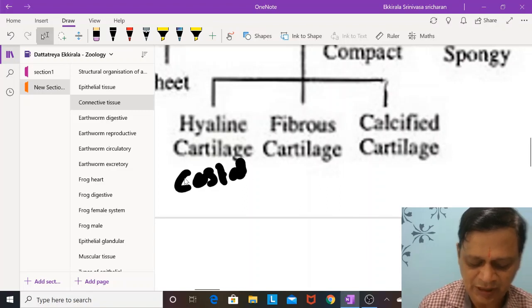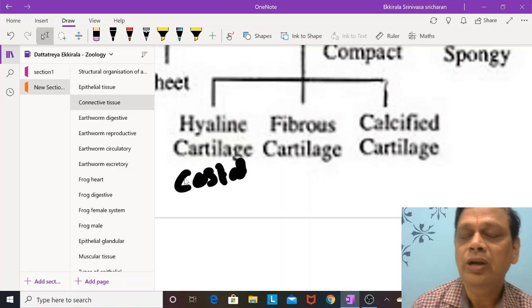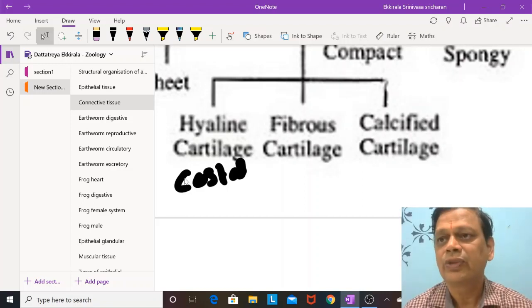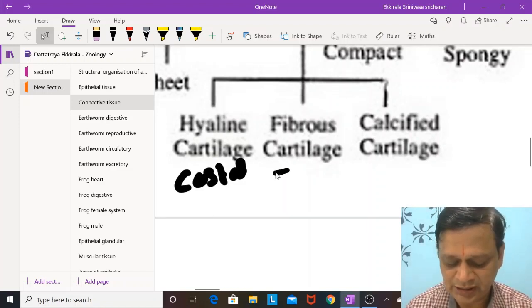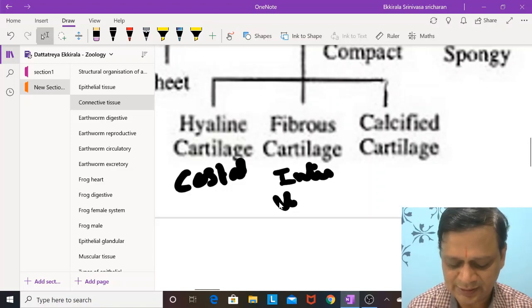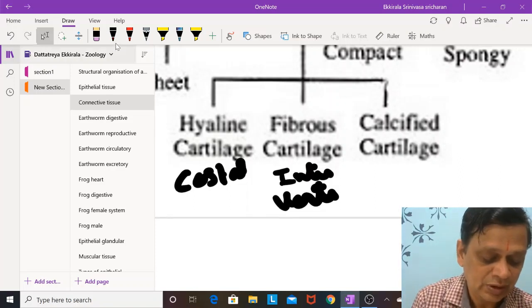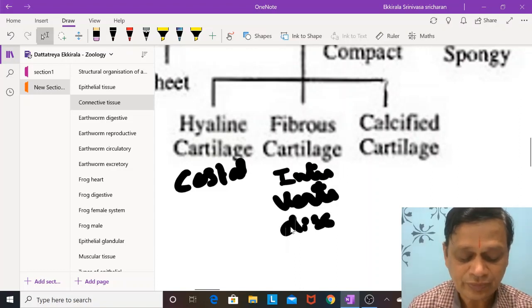That is the place where ribs are attached to the sternum, that is costal cartilage, and articular cartilage, etc. And fibrous cartilage is seen in places like the intervertebral disc. So that is the place, right?